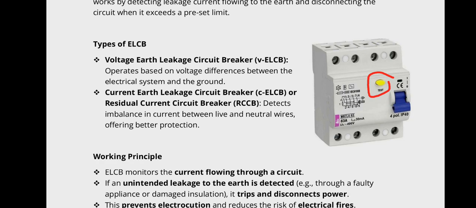That means our ELCB is faulty. No friends, that is not correct. For testing this ELCB, first of all we have to energize it, and then press this button. If the ELCB trips when we press the test button, that means it operates properly, otherwise it is faulty.